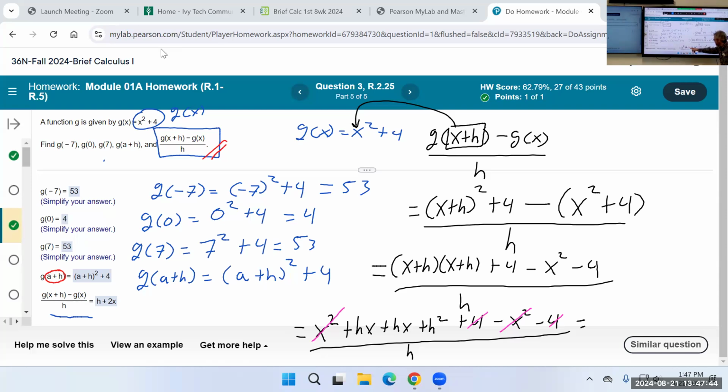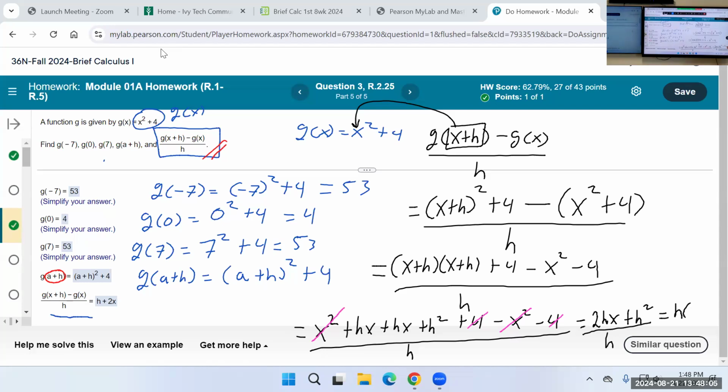So we have hx plus hx, 2hx, plus h squared over h. That's where we are now. And now I think I can get rid of that h in the denominator by factoring out h in the top.